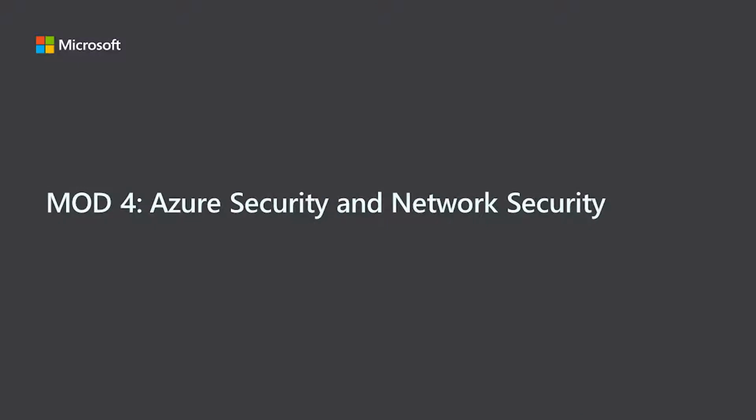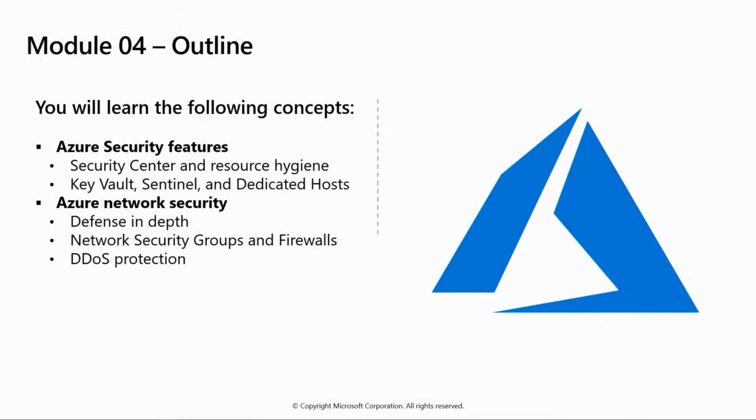As we jump into Module 4, there's a couple things that I want to point out. In this module, we're going to be looking at some of the key features in Azure Security. However, in no way are we going to be covering all the security options within Azure. It's just absolutely impossible. We even have some advanced role-based courses such as AZ-500 that spend an entire week on security.